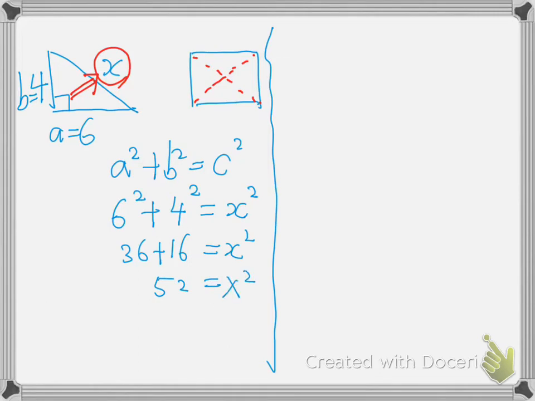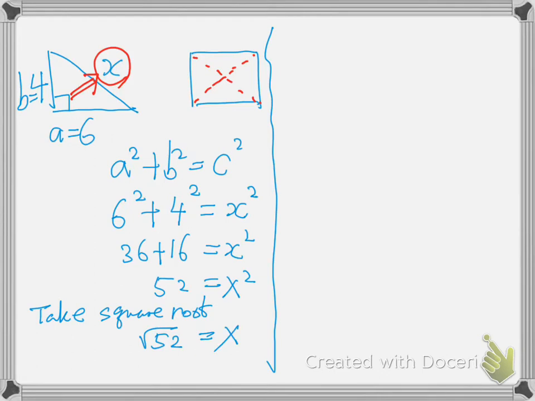So the last step, you just need to take the square root on both sides. So we got radical 52 is x.